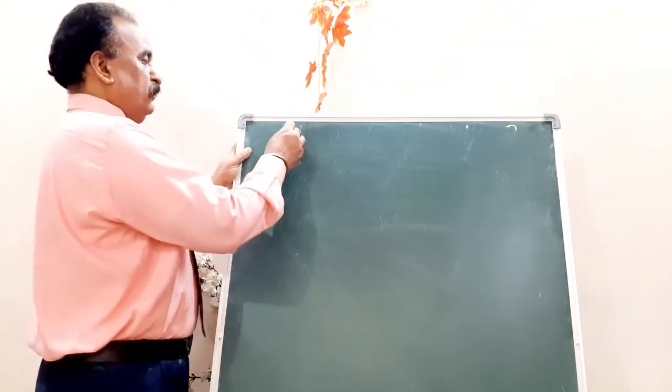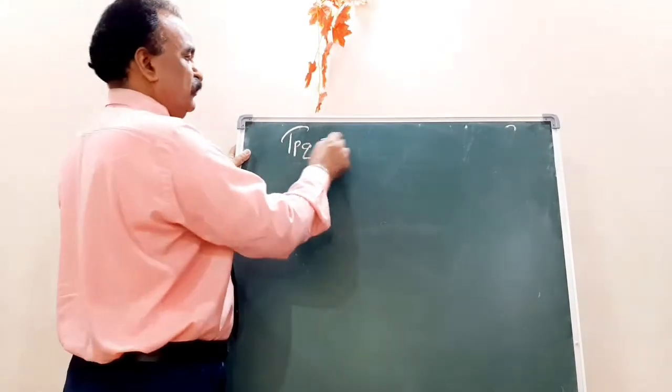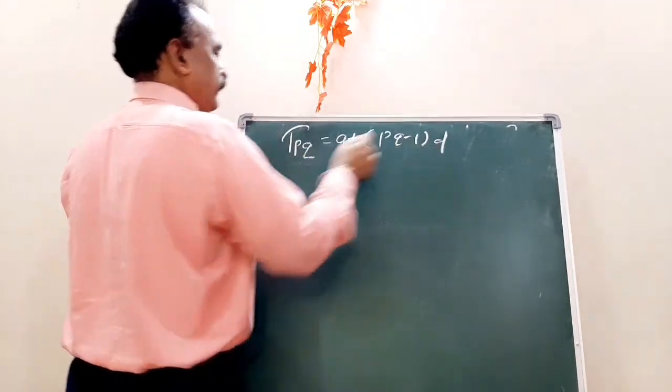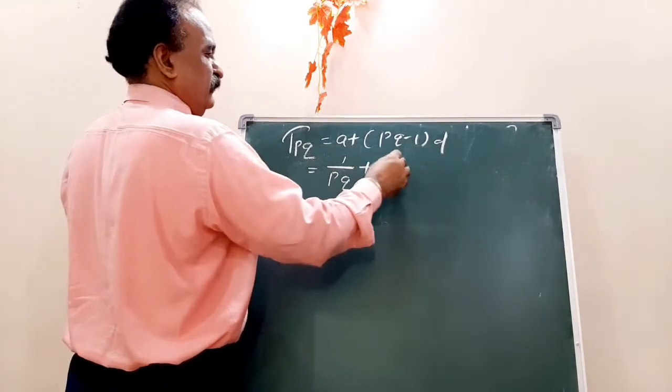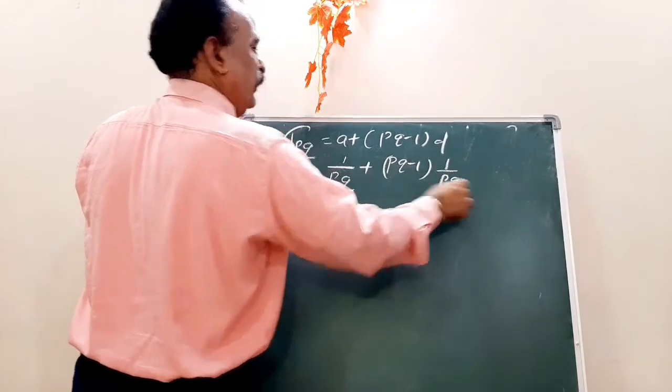So Tpq, the pqth term, is equal to a plus pq minus 1 into d. a is equal to 1 upon pq plus pq minus 1, d means 1 upon pq.